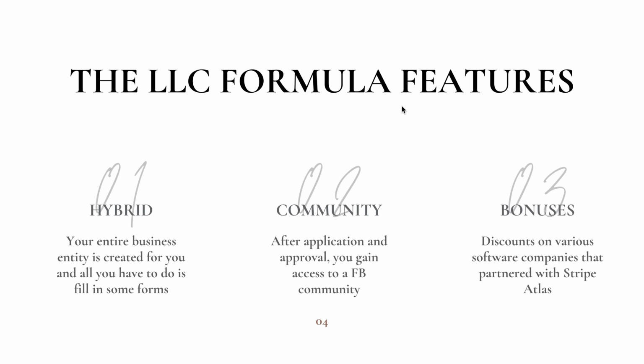And the second huge difference is that the Stripe Atlas creates a corporation for you, which is a different business entity from an LLC. Now, I'll be making a separate video that highlights the difference between an LLC and a C corporation, or corporations in general. So just to put this out there, we have three main types of business entities that you can create. Now, this differs from country to country, but I'm speaking basically for the United States.